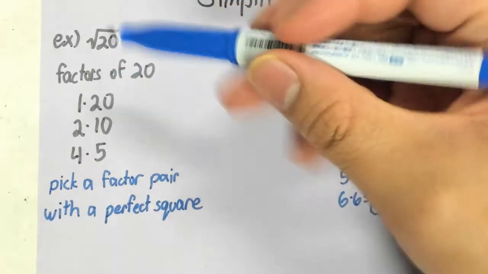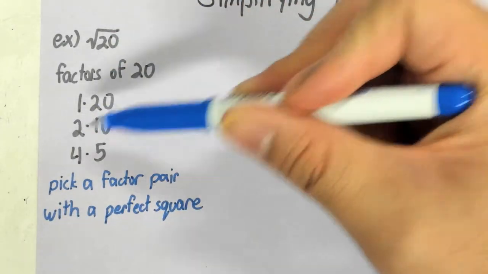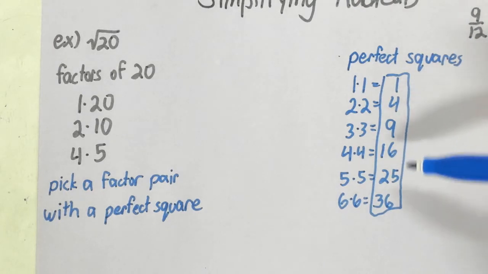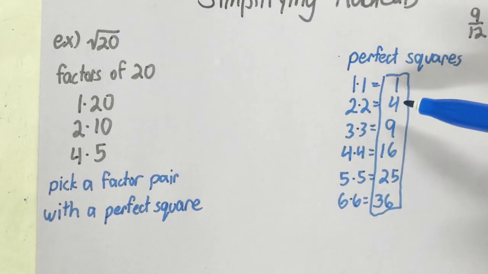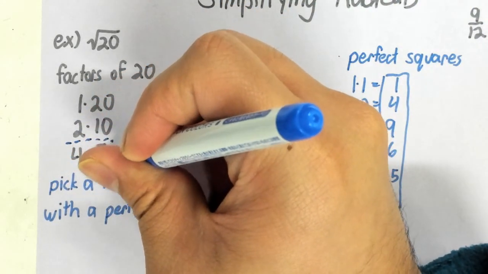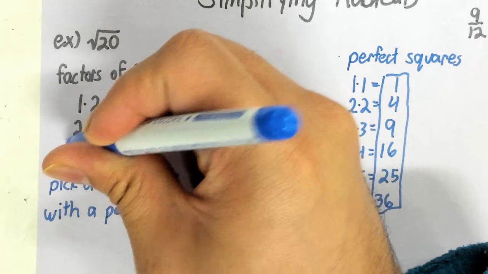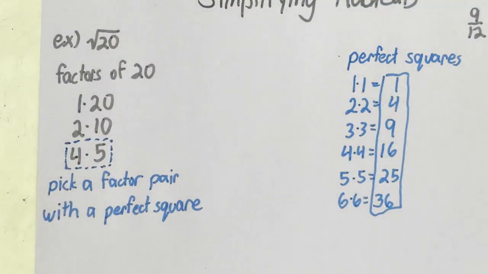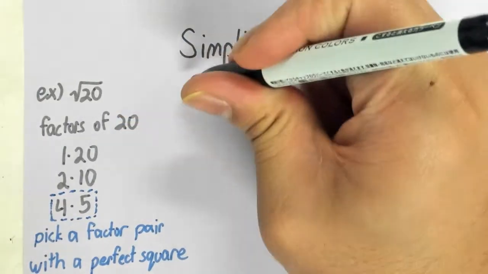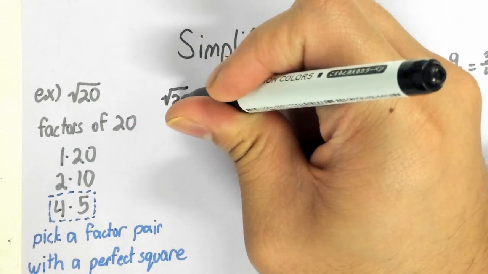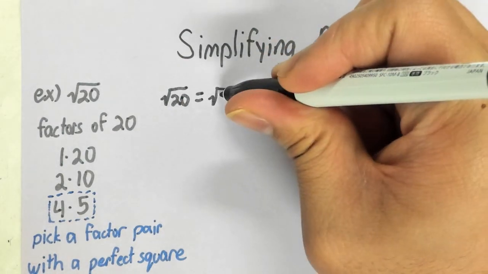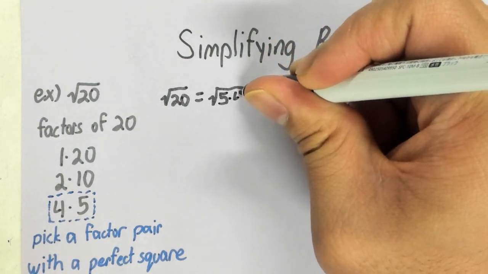So that means 1, 20, 2, 10, 4, 5 from these sets of numbers. Compared with my list of perfect squares here, I see 4 is a perfect square, so I'm going to pick that. That means, in my example, we can take square root of 20 and rewrite that as square root of 5 times 4.